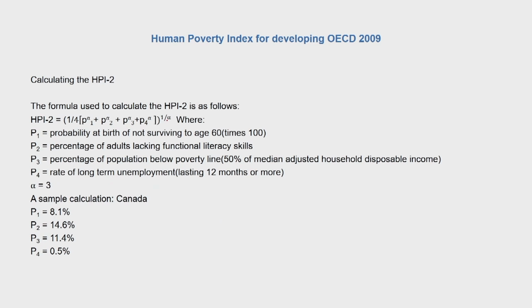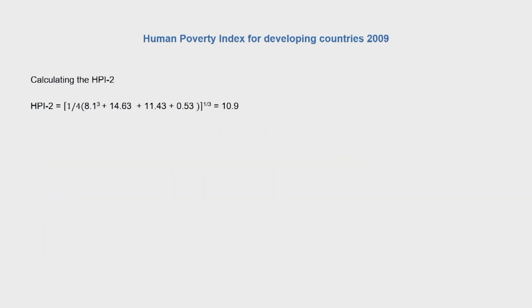Then a similar formula is used for calculation of HPI 2. This illustration shows the calculation for Canada, which is a developed country, and the HPI 2 shows a value of 10.9.